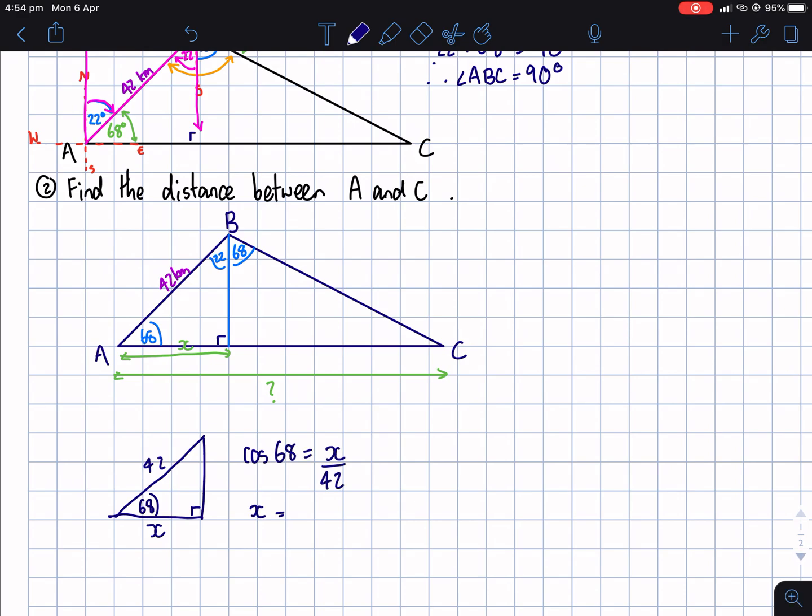So x equals 42 cos 68, which is, I don't know why I just stared at my iPad without getting my calculator out. 42 cos 68, 15.73.